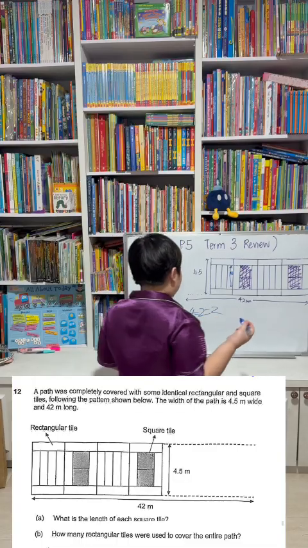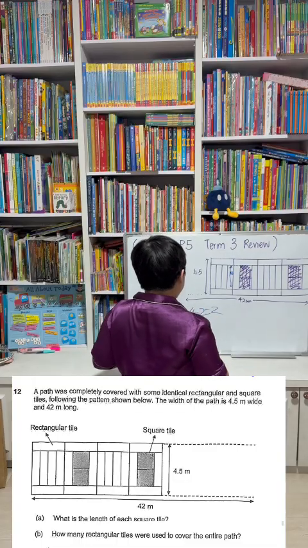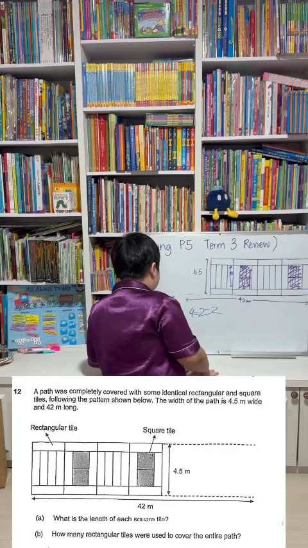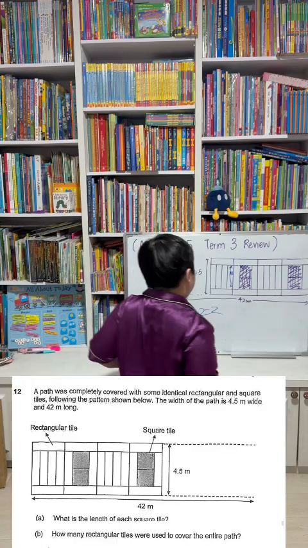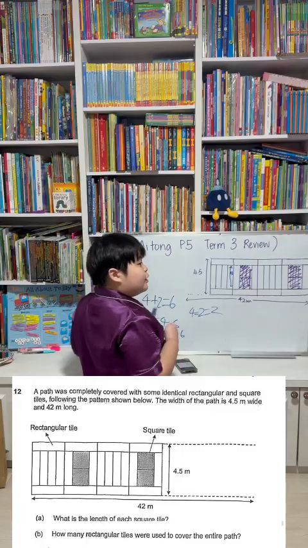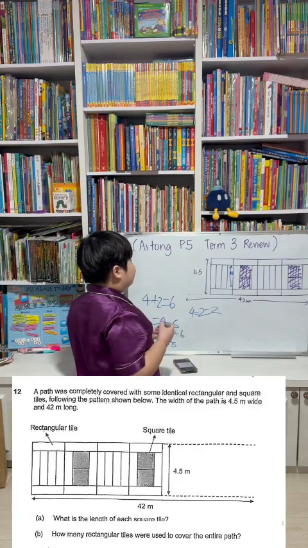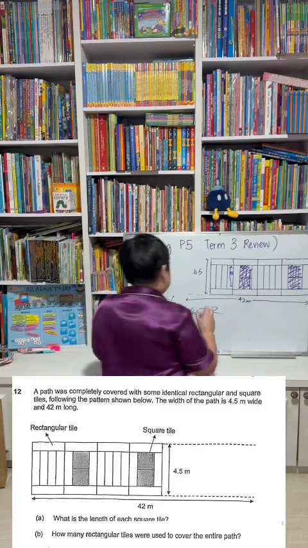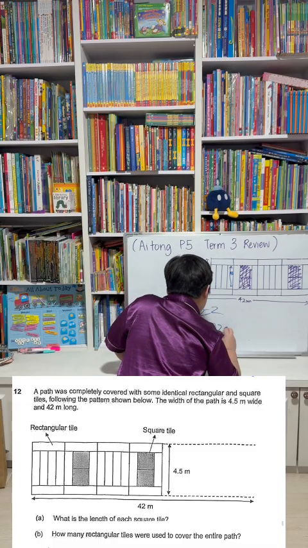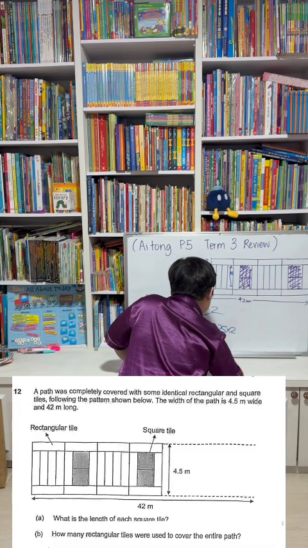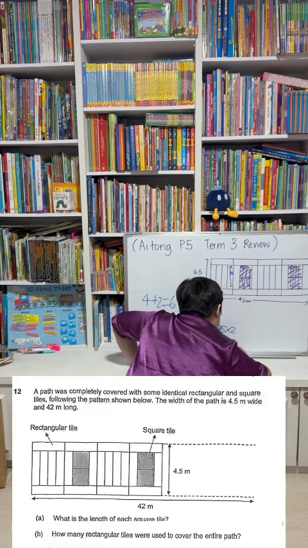That means the squares are taking up the places of 2 rectangles, and we need to find the length of the square. So we need to find the length of 2 breadths of the rectangles, which is 2 units. So we do 0.75 times 2 equals 1.5. This is the answer to A.